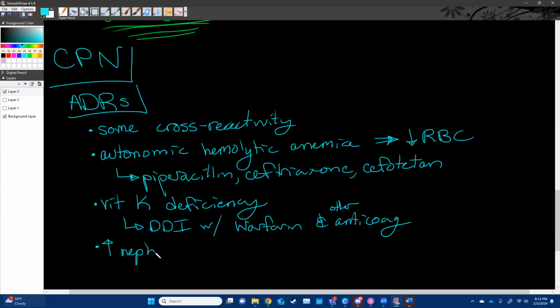More nephrotoxic effects, especially when we talk about acute interstitial nephritis or tubular necrosis, that sort of stuff.